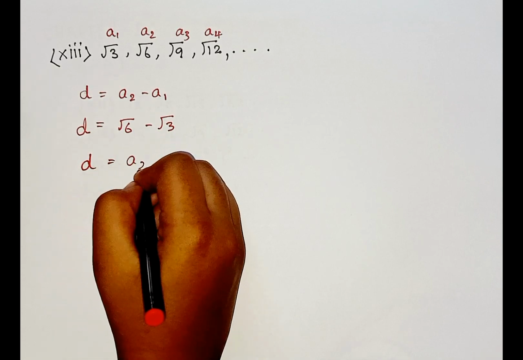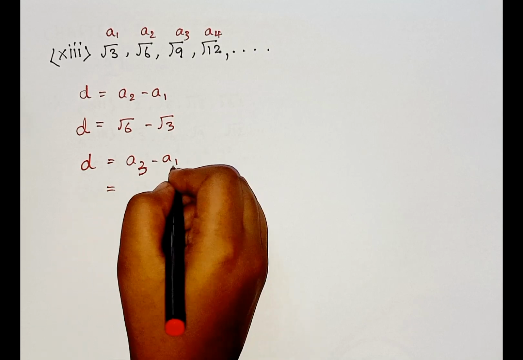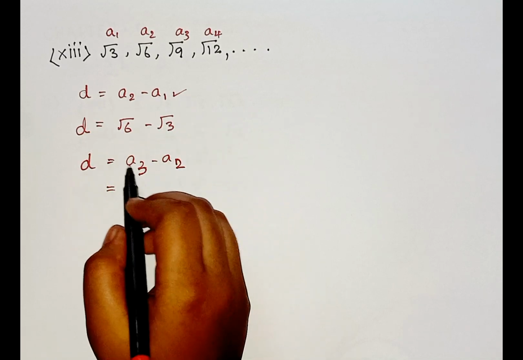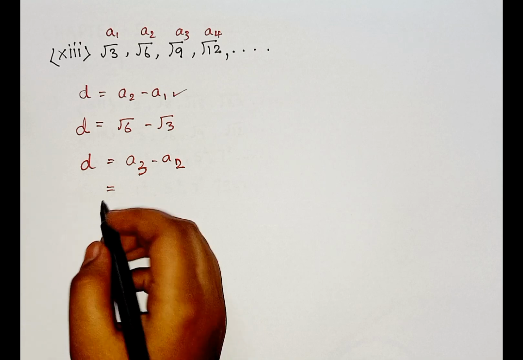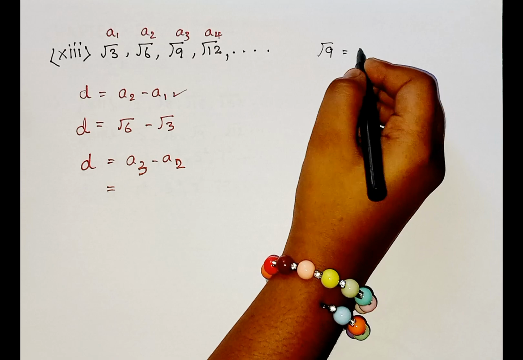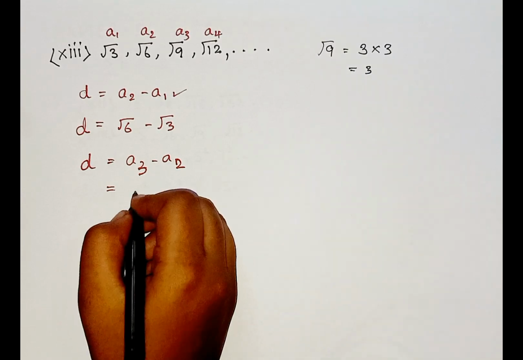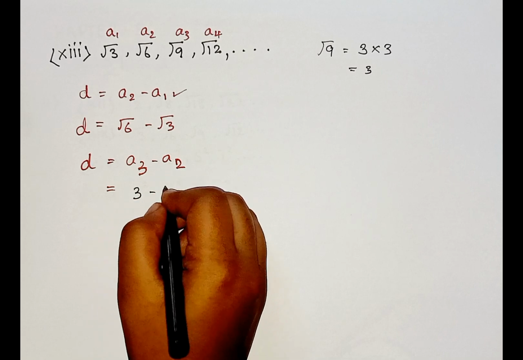A3 minus A2. Already we found A2 minus A1, right? Now we are supposed to find A3 minus A2. Here the A3 value is root 9. Root 9 we can actually write as 3, since 3 into 3 is 9. So the answer is going to be 3. So A3 value is 3 minus A2 value is root 6.